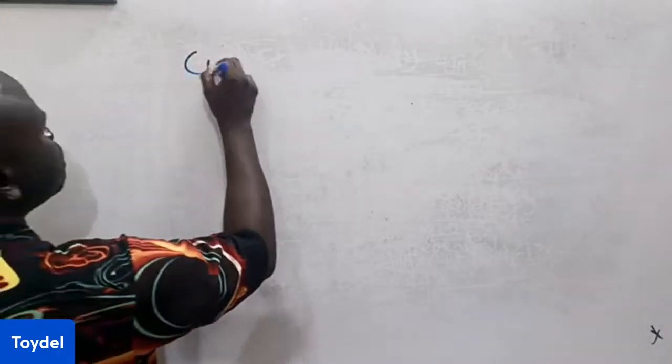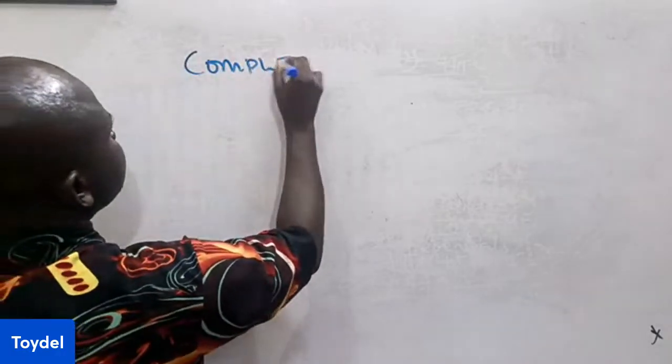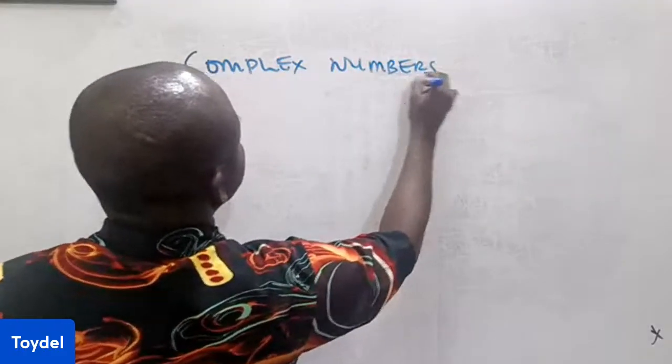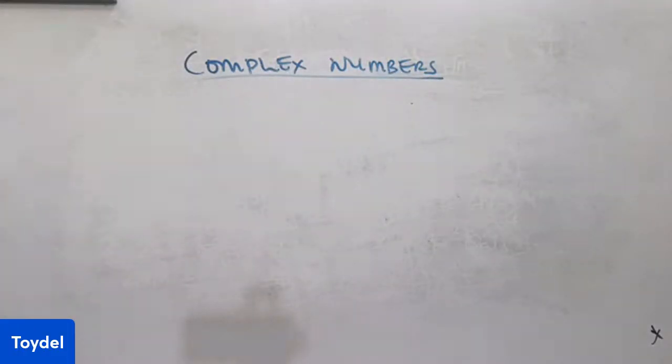So we want to continue our topic on complex numbers. We have started complex numbers. We've talked about addition of complex numbers, subtraction of complex numbers, and multiplication of complex numbers.